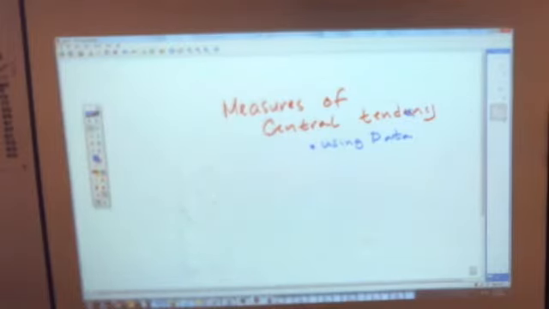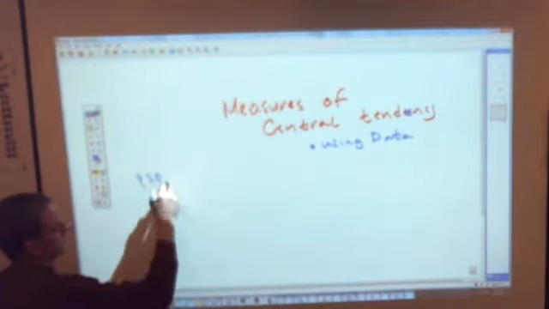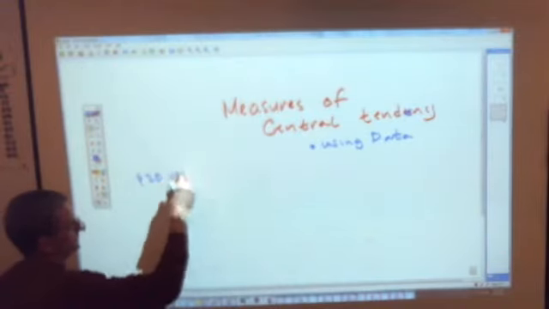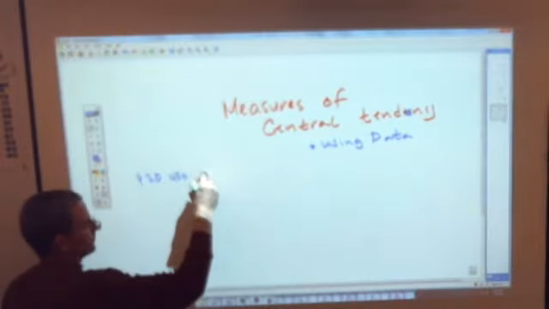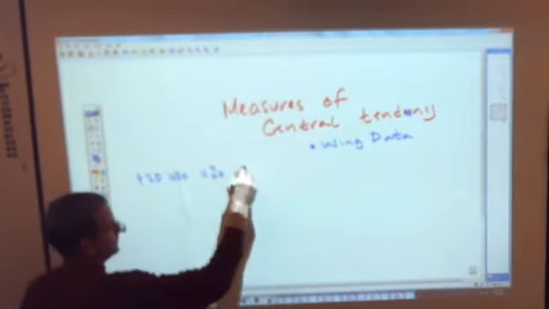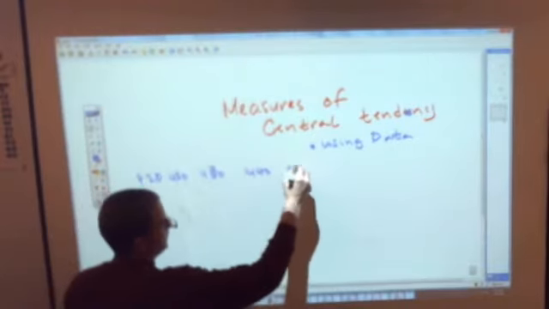Electricity in kilowatt hours, there's a 420, 450, 480, 440, 480, 440, I think 420.